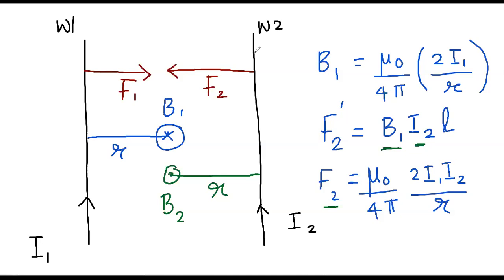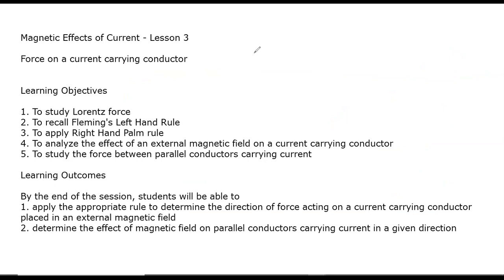And that's about analyzing current that is flowing through two straight conductors, either in the same direction or in the opposite direction. So we are at the end of our session, and we should have achieved the outcomes by now.